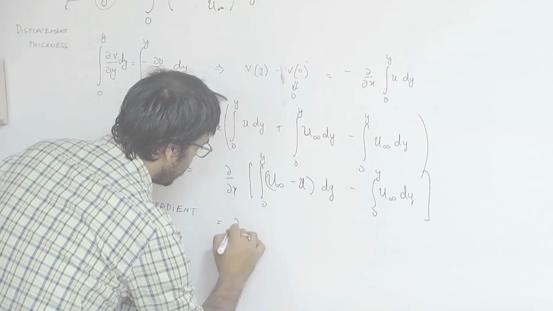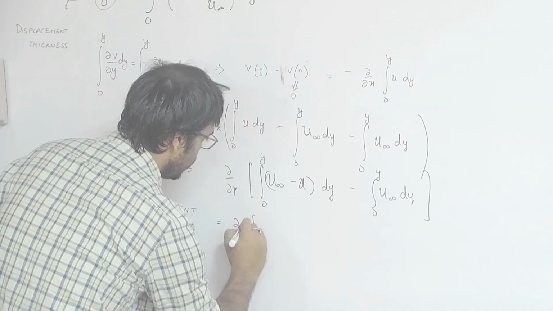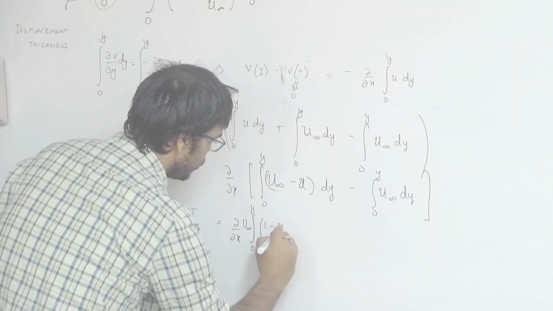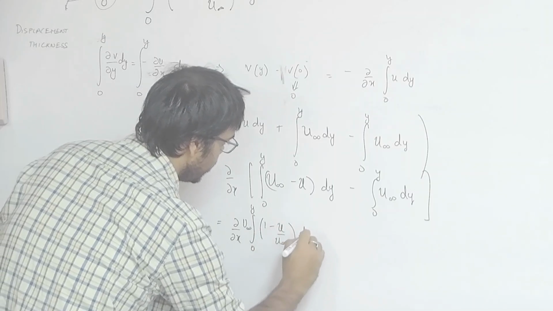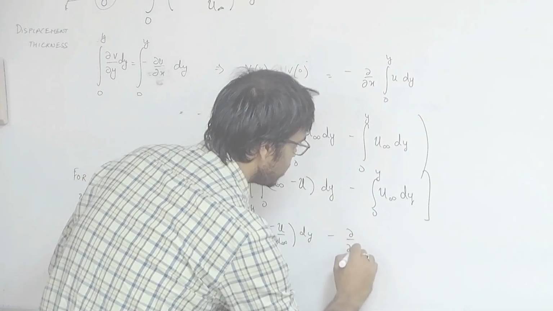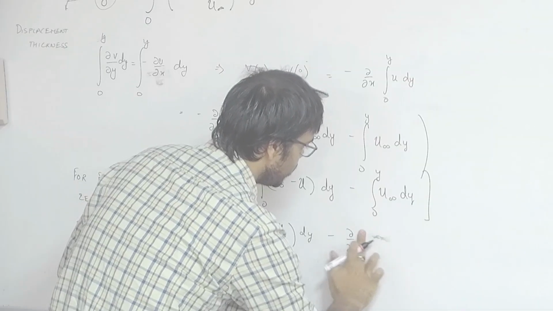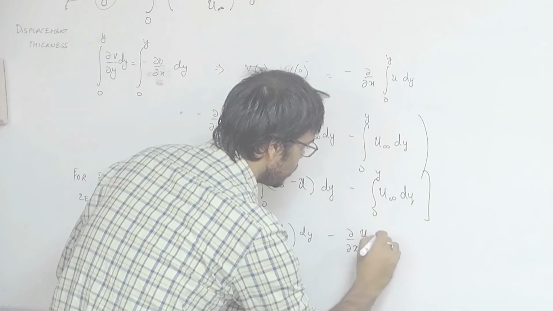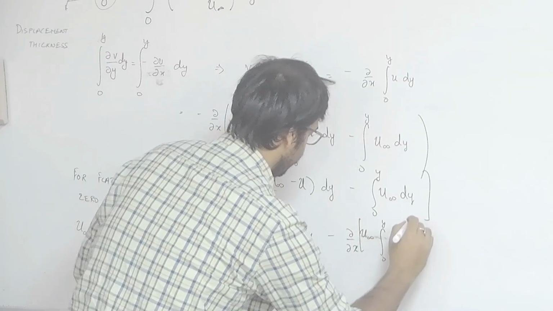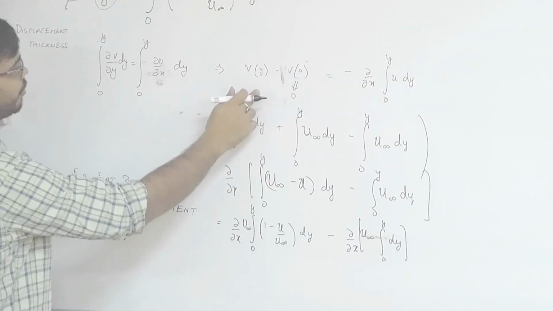So this is del by del x of u infinity times integral 0 to y of 1 minus u by u infinity dy, minus del by del x of u infinity integral 0 to y dy. This is what we have for v of y.